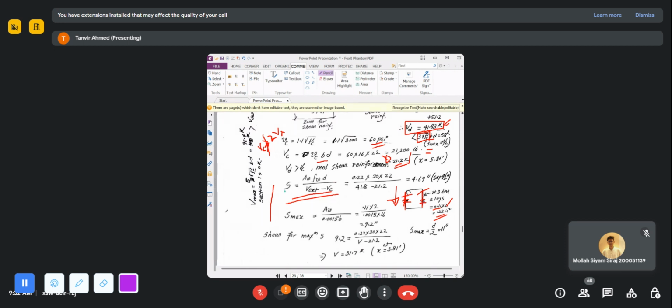দ্য আদার ওয়ে অফ থিঙ্কিং ইজ দিস ওয়ান। সো ওয়েন ইউ হ্যাভ, সে ফর এক্সাম্পল দিস বিম, এই বিমটা যখন আসবে, okay, this is your stirrup, right?